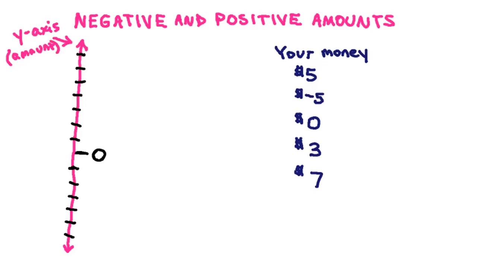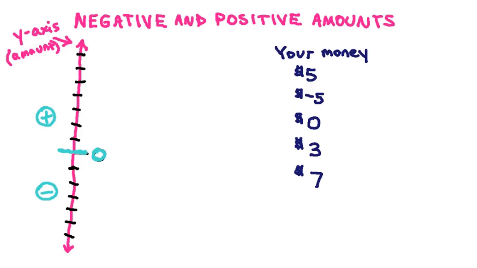And I have this drawn, and if you notice on this y-axis I have the 0 in the middle. I don't have the 0 all the way at the bottom of the y-axis. I have the 0 in the middle. So that means everything above the 0 is going to be positive numbers, and everything below the 0 is going to be negative numbers.